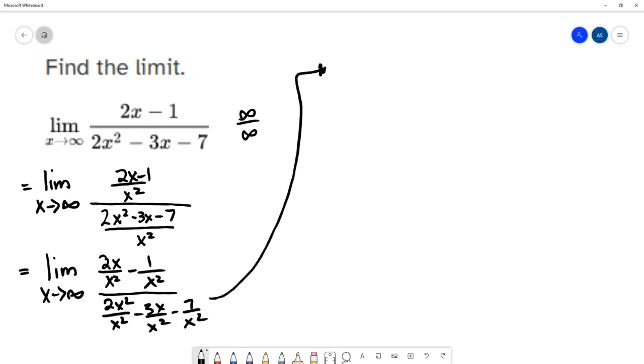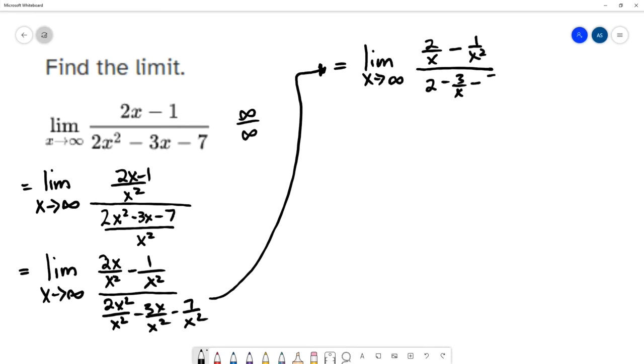We'll continue simplifying. 2x over x squared would be 2 over x. I need to make sure I don't forget my limit. That's the limit as x approaches infinity, and 2x over x squared is 2 over x. 1 over x squared doesn't really simplify. 2x squared over x squared is 2. 3x over x squared is a minus 3 over x.